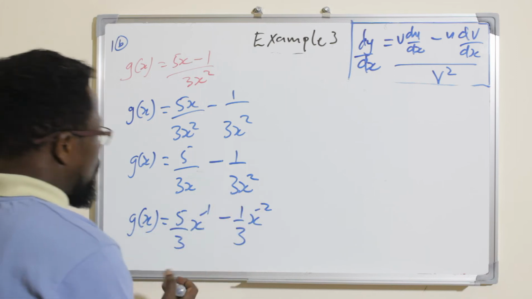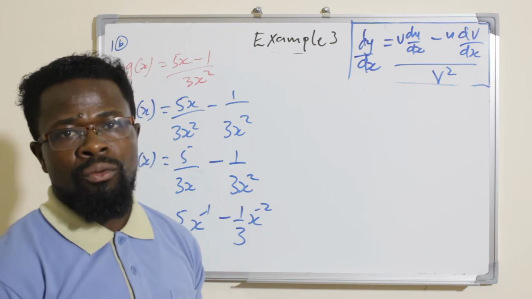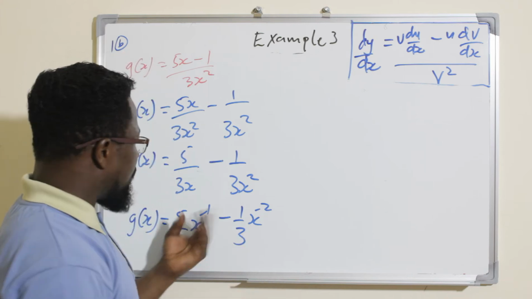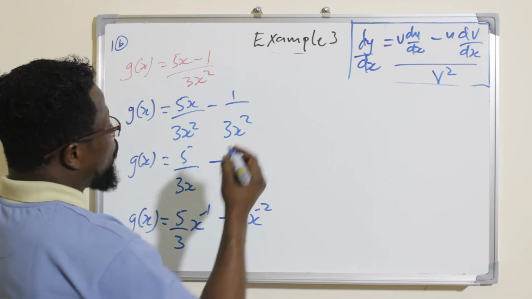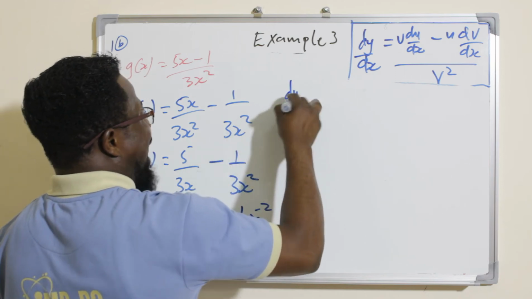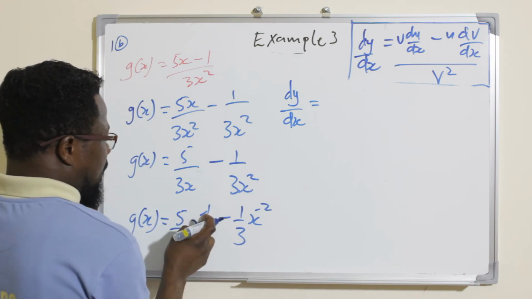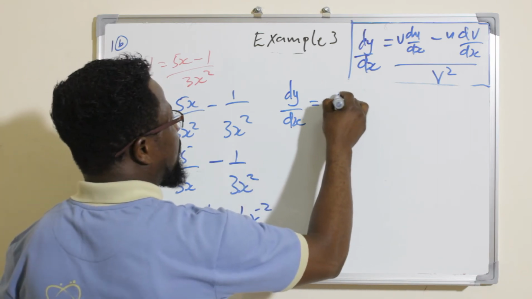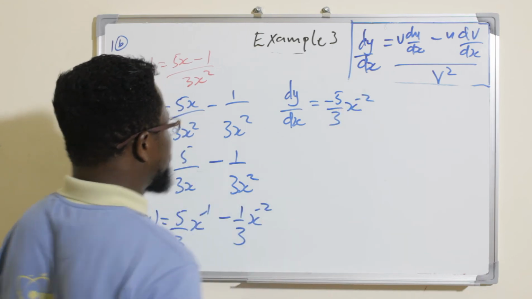And now that I have seen this, I can apply the power rule. If I apply the power rule from here, I'll be able to solve that easily. So to apply the power rule, dy/dx is going to give me this multiplied by that, so I'm going to have negative 5 over 3 x exponent negative 2.